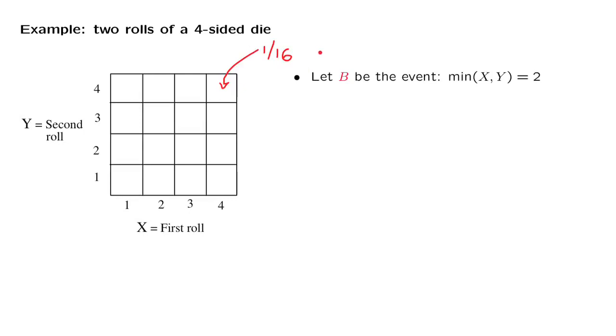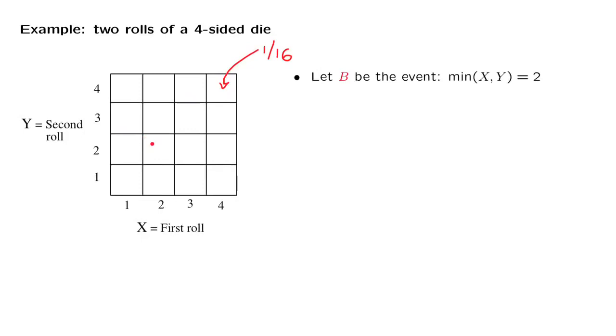Let us consider now a particular event B on which we are going to condition. This is the event under which the smaller of the two die rolls is equal to 2, which means that one of the dice must have resulted in 2 and the other die has resulted in something which is 2 or larger.